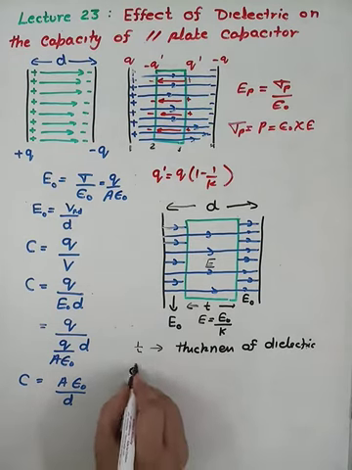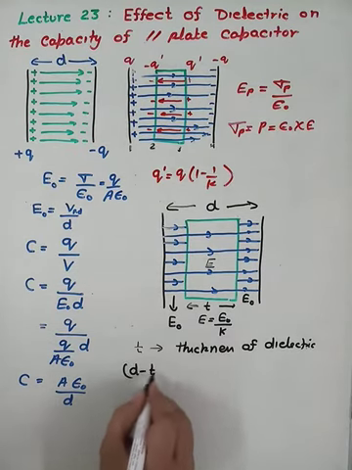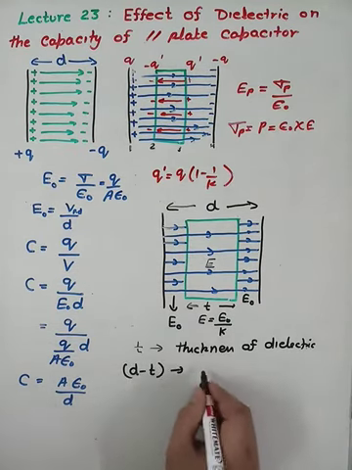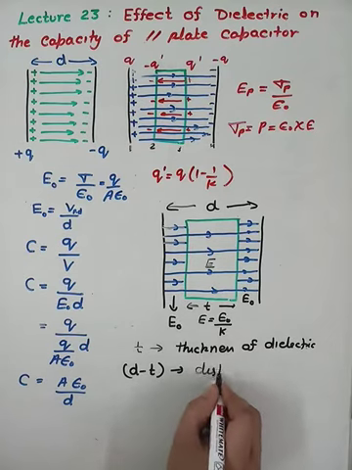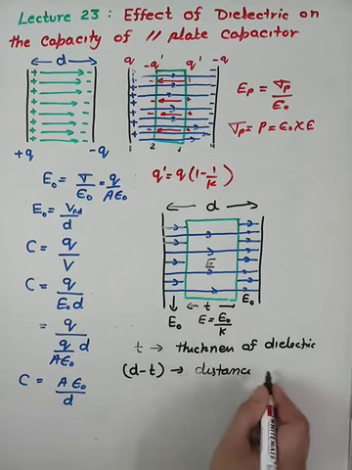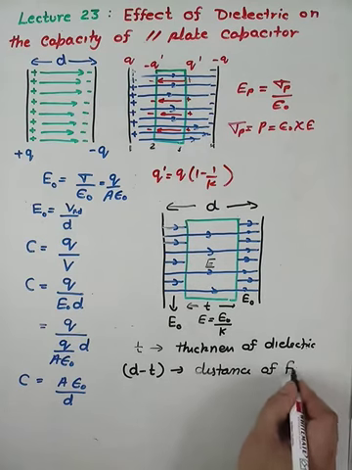The remaining part, D minus T, is the distance of free space.